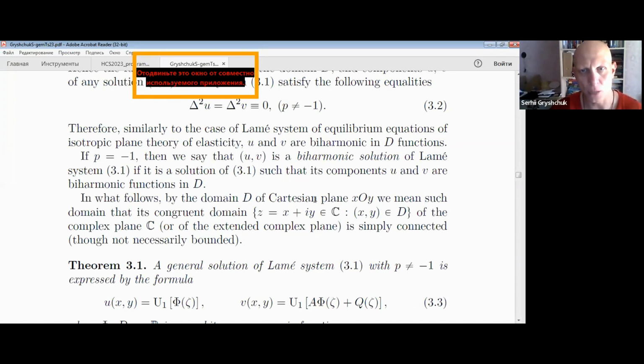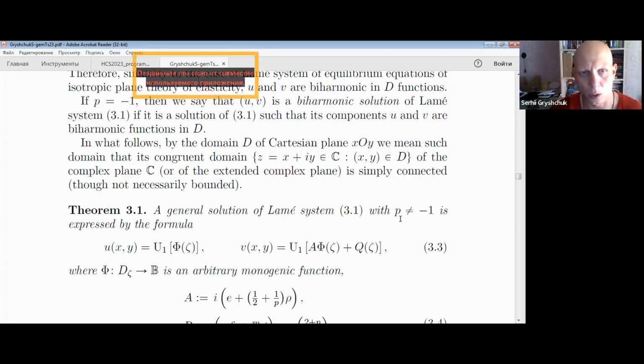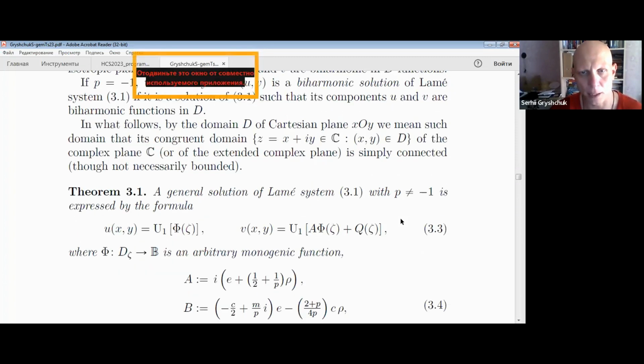By the domain D of the Cartesian plane x, y, we mean such a domain which is congruent to such a domain of the complex plane, and we assume that this domain is also simply connected and not necessarily bounded. And the main result is the following.